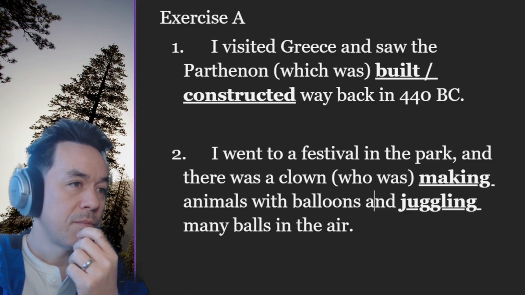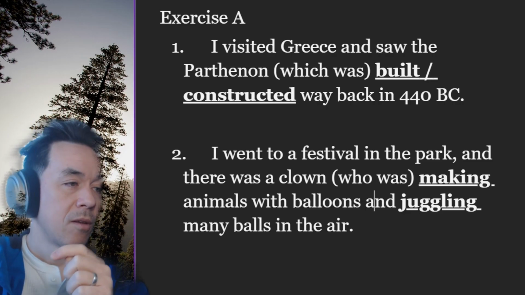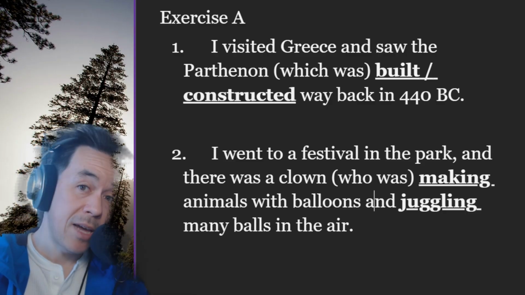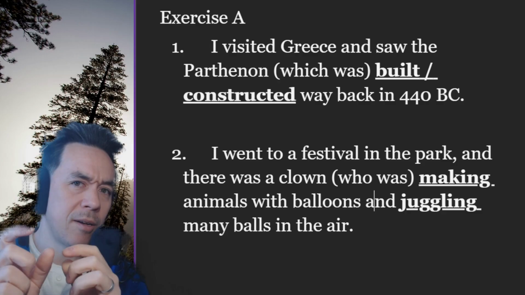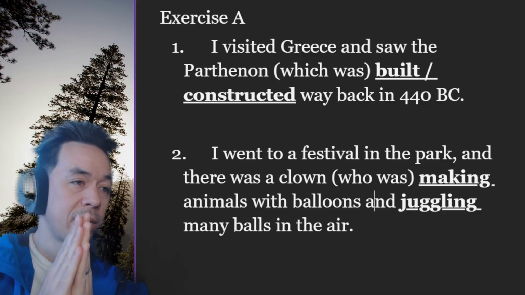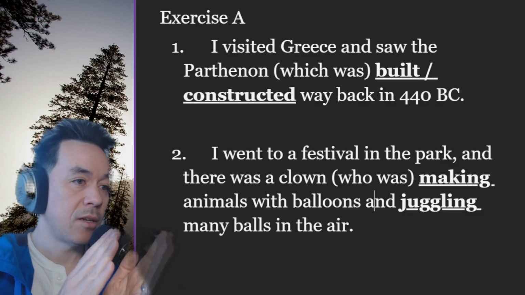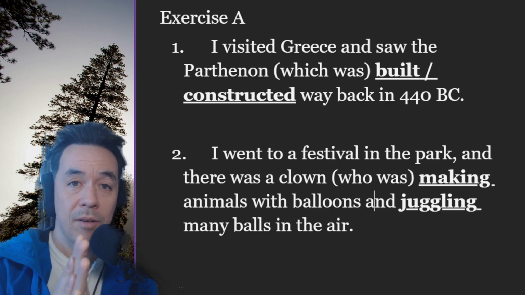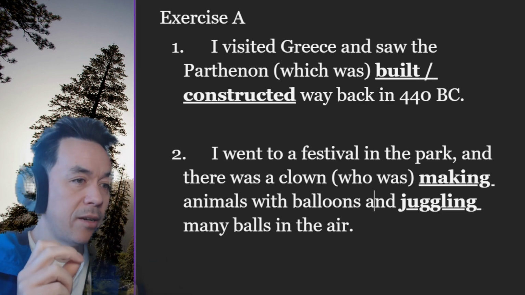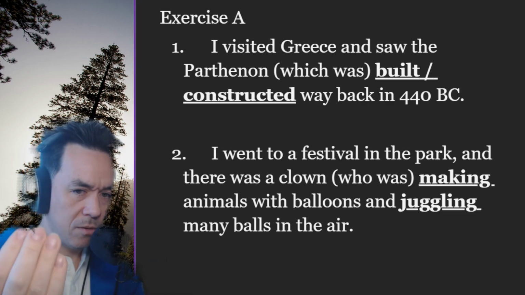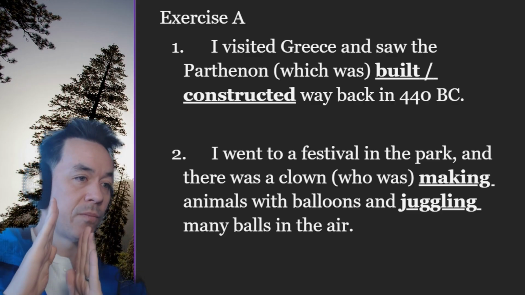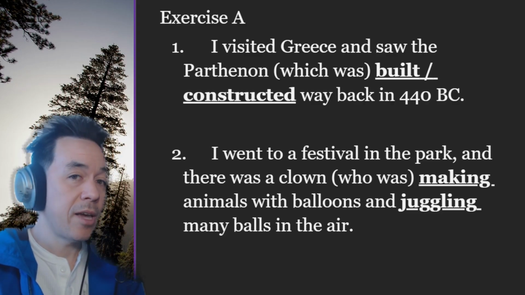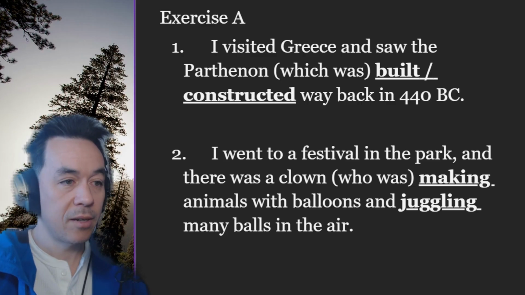Visited Greece, saw the Parthenon built, went to the park, saw a clown making. You'll start hearing, you'll start sensing that making, made, right? I bought a cake, made. I saw a clown making. And you'll start quickly, naturally imagining something to the cake or the clown making, right? Cake made or clown making.